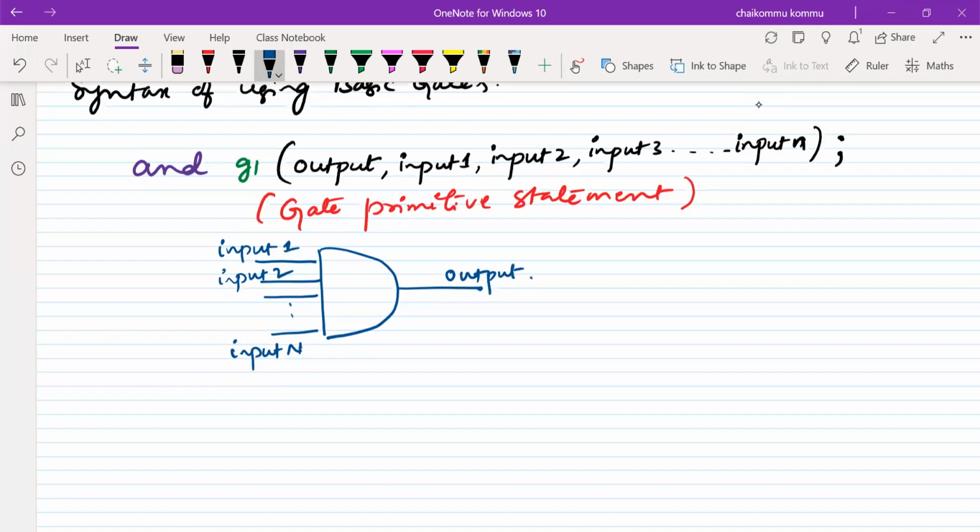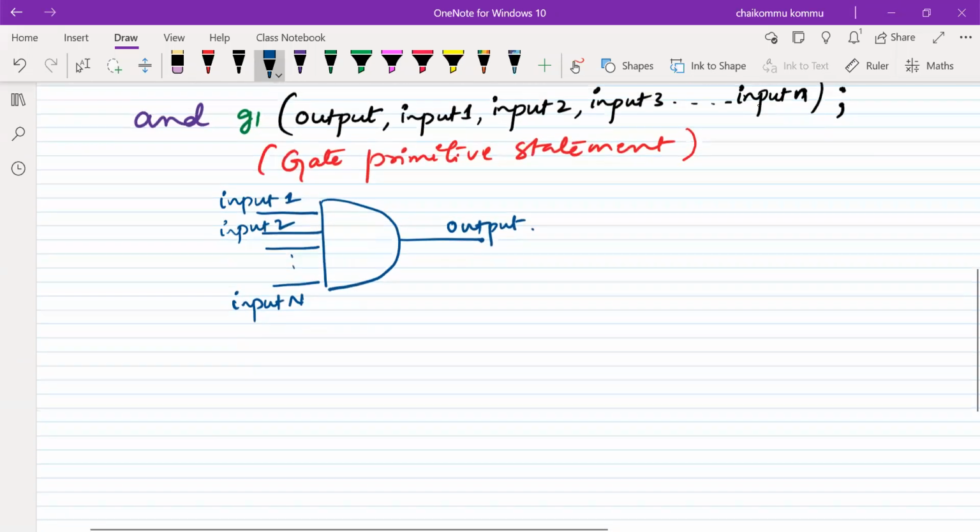If you are writing any AND gate primitive, the module definition is already there in the library. They have defined it with only a single output, and any number n of inputs can be used according to your requirement.